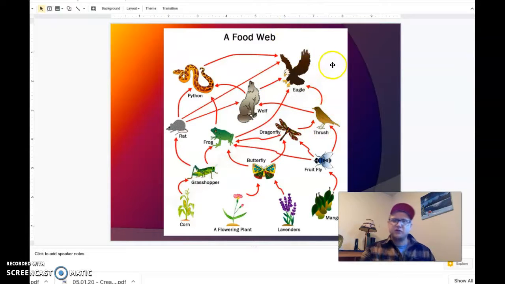You also have this eagle, which eats the wolf, the rat, the python, the frog, and the bird, right? So in food webs, it's not just like a linear line, it's a whole bunch of food chains in one image. And it represents more accurately how energy is flowing in an ecosystem.